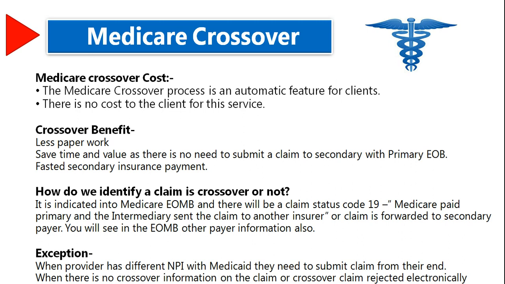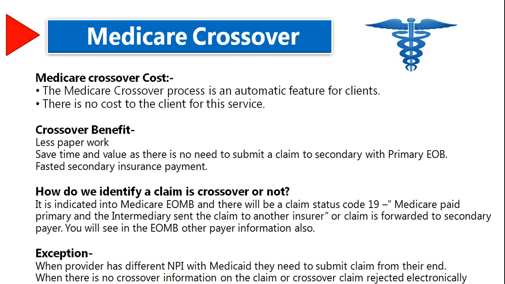So of course it saves time and values for provider also. Faster secondary insurance payment. Once primary processes the claim, it automatically transfers the claim to secondary, and secondary pays the benefit upon receipt of primary EOB. So that saves time.